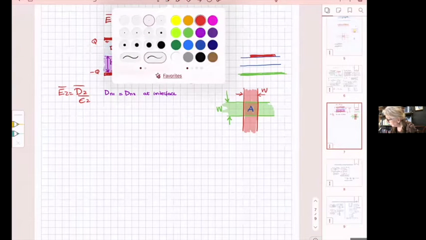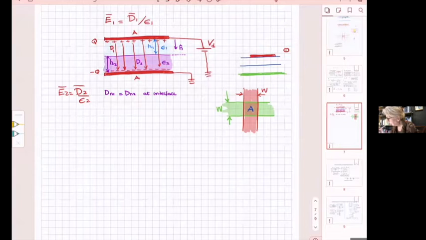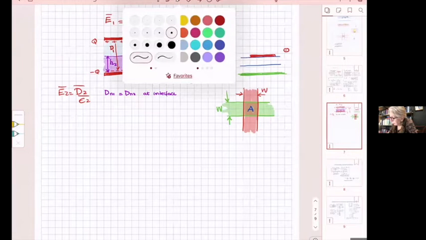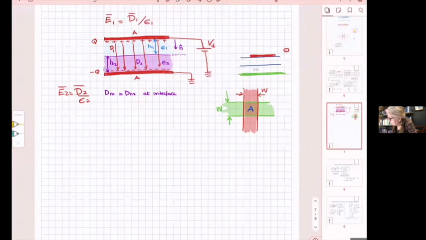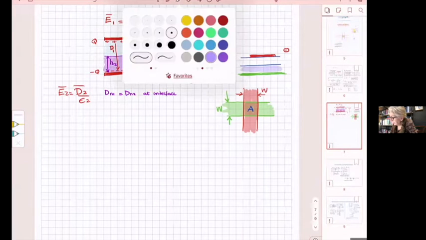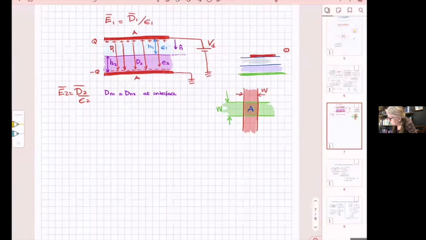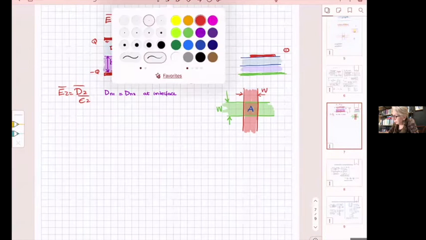So this one probably is going to go like that. All right. And here you have two different dielectrics. One is this one, and the other is this one. All right. So this is the picture here that we are trying to study.